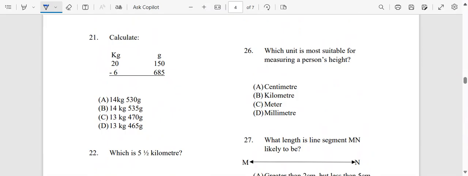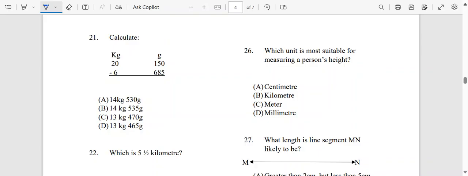Righty, let's go. So we have to calculate, subtracting 685 grams from the 150 grams. We can't subtract as it is because 150 is less than 685.